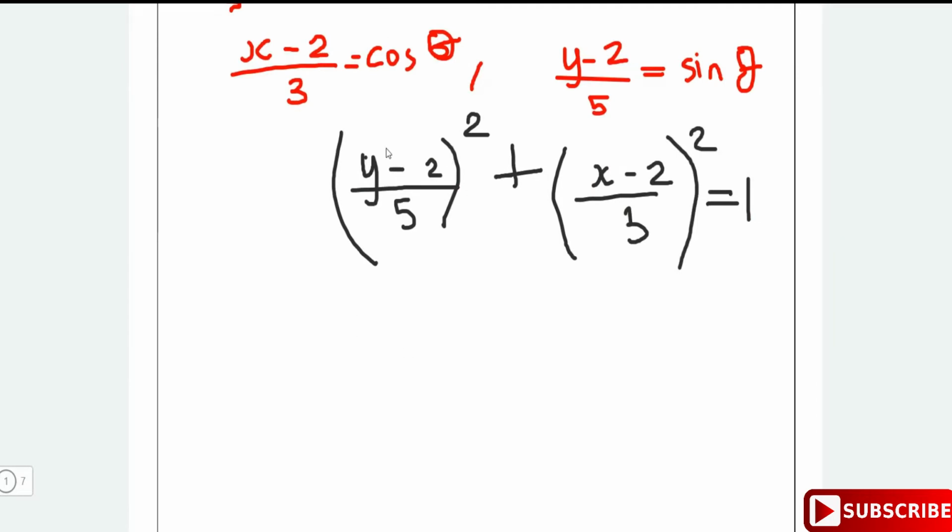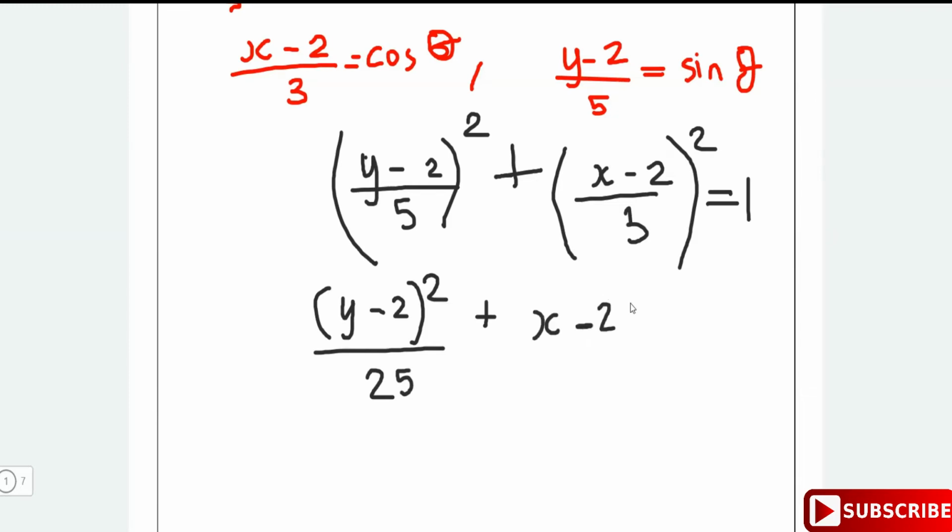Expanding the denominators, we get y minus 2 all squared over 5 squared, which is 25, plus x minus 2 all squared over 3 squared, which is 9, and this is equal to 1.